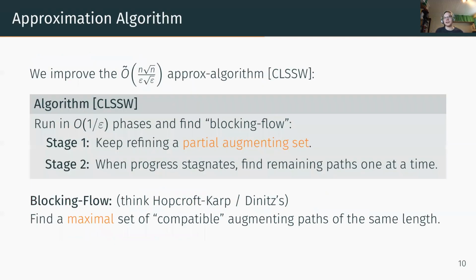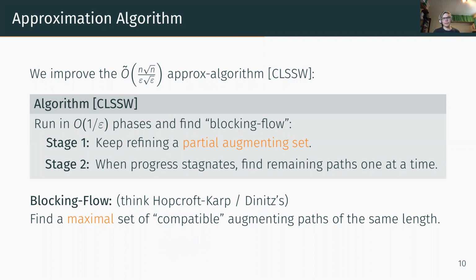So now let's look at the approximation algorithm, which is a bit more complicated. Our idea is that we improve the already existing approximation algorithm. So this approximation algorithm by Chakrabarti, Lee, Sidford, Singla, Wang works as follows. We run in 1/ε phases, and in each phase, we try to find a blocking flow.